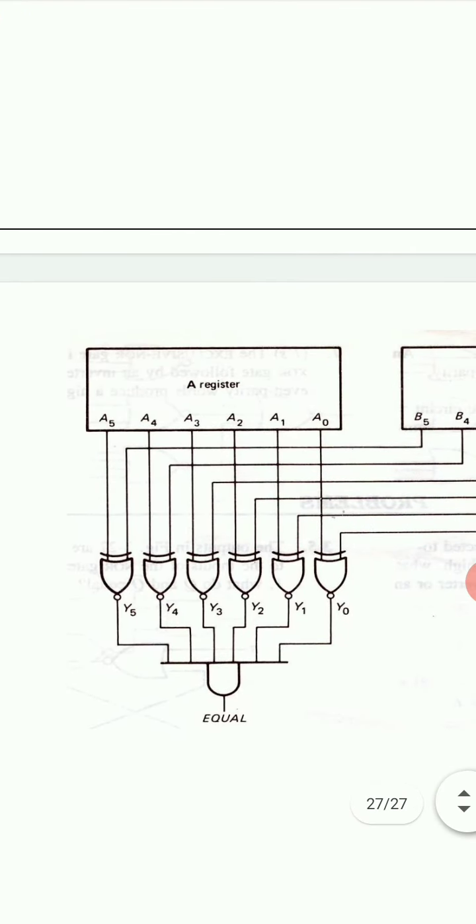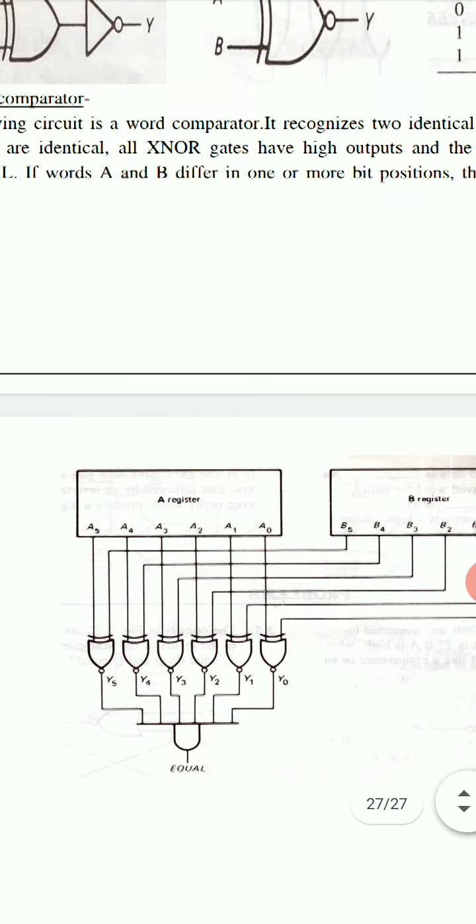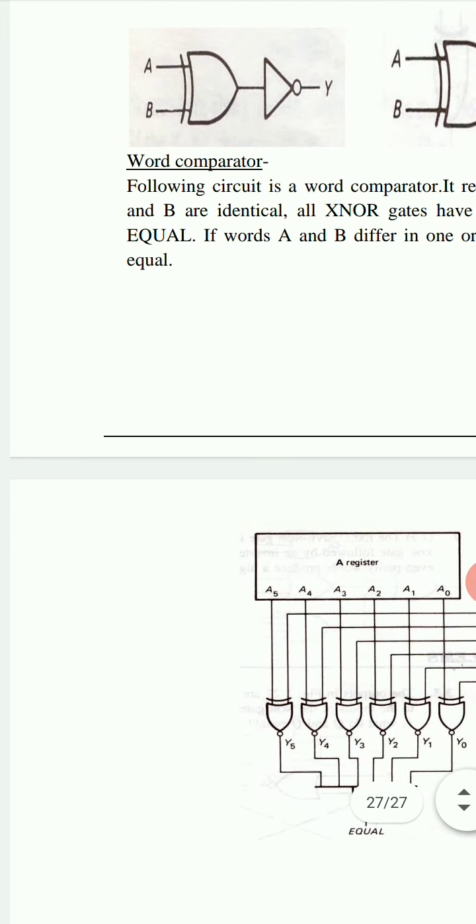So the circuit compares the two words. If equal is high, that is 1, then the two words are same, and if equal is 0, that is low, then two words are different. So this circuit works as word comparator.